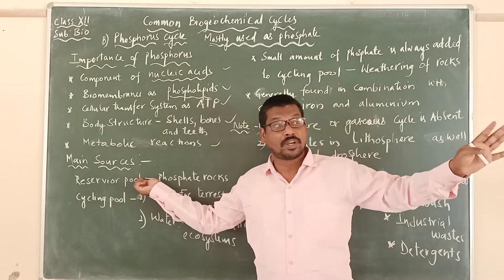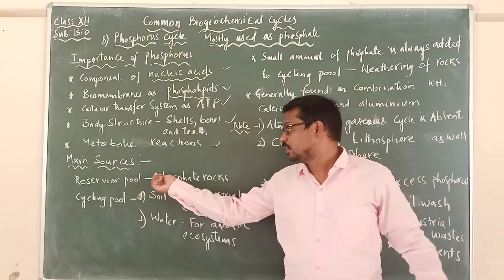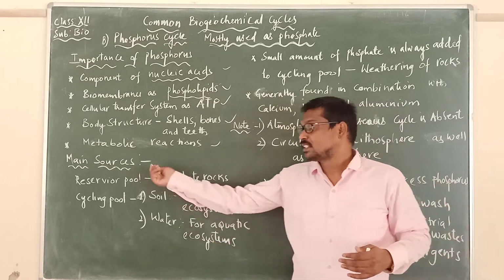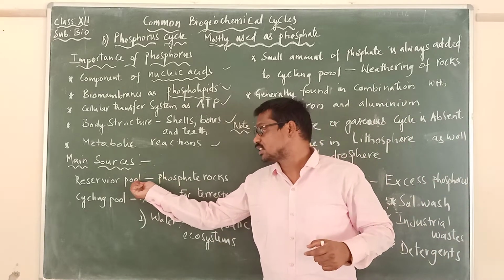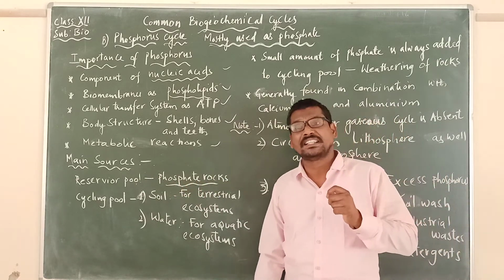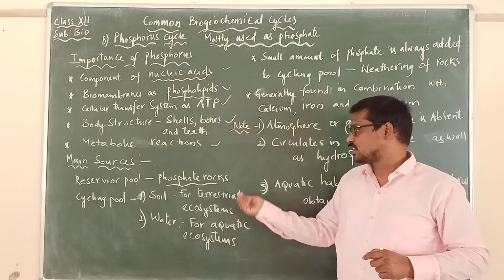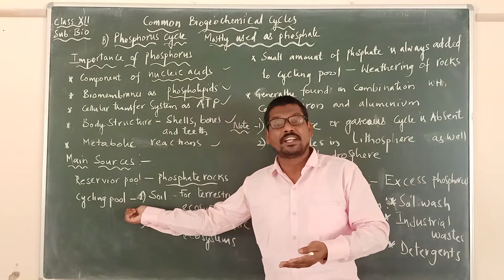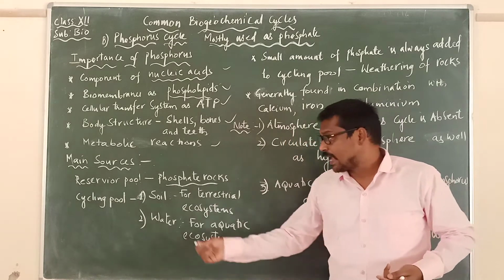When we say it is the reservoir pool, from the reservoir pool it will be entering into what now? The cycling pool. So the main source of phosphorus is the reservoir pool, that is rocks, phosphate rocks, the rocks which contain phosphate. And the next one, as we said, from the reservoir pool it is entering into the cycling pool.